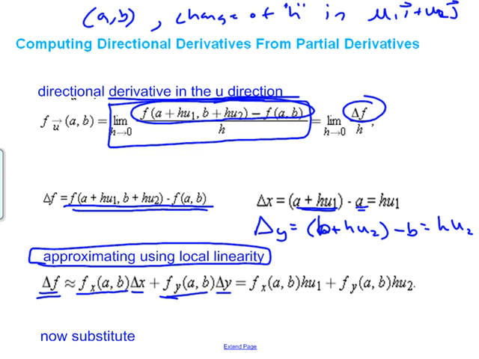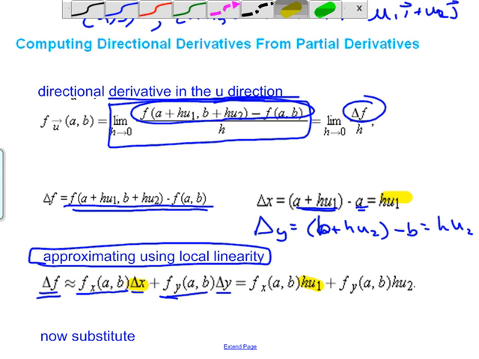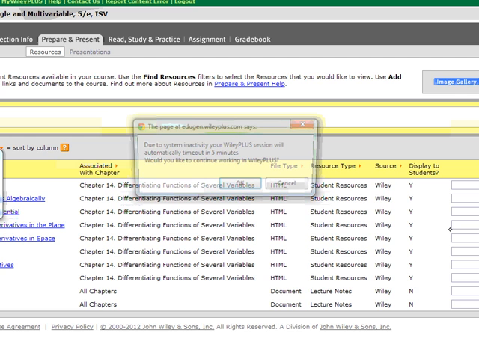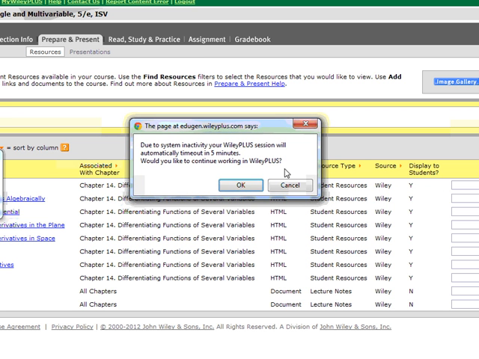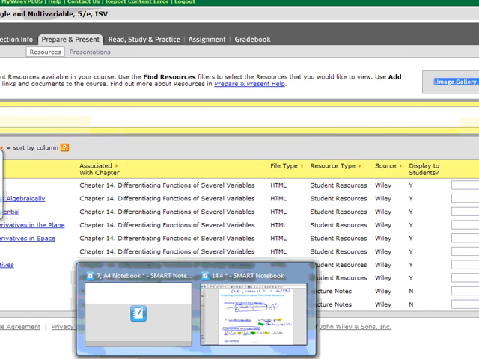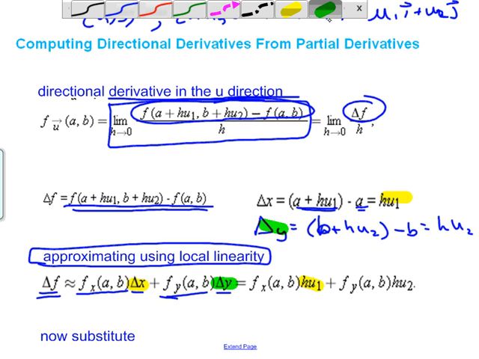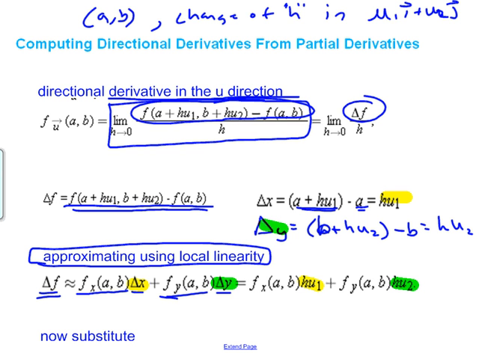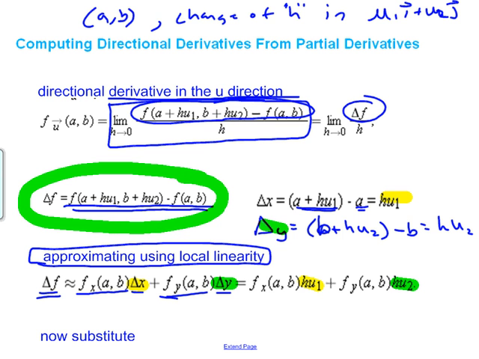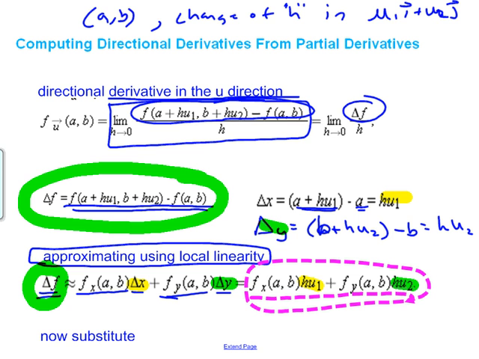And we know that change in x is just hu1, and change in y is hu2. So we can re-express this change in f as the partial derivative with respect to x times hu1, plus the partial derivative with respect to y times hu2.